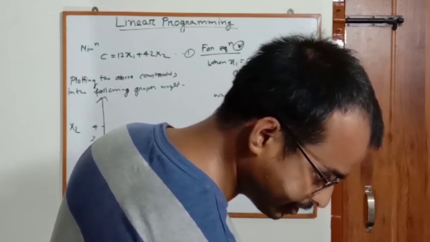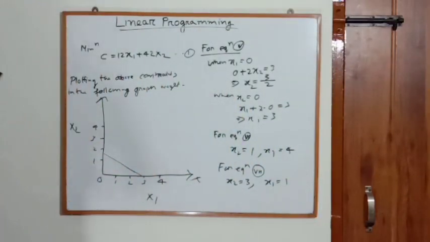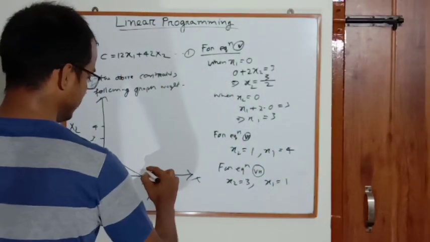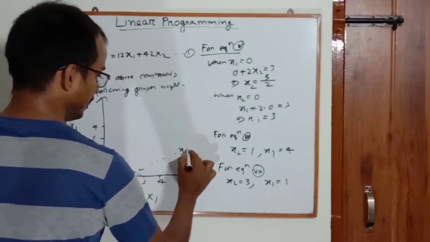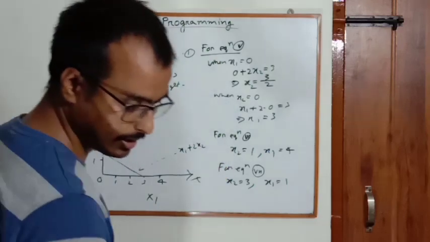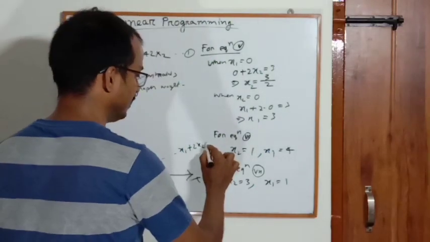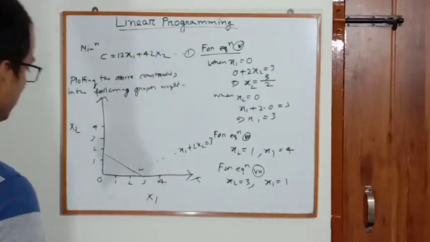This one is x1 plus 2x2 equal to 3, no? Yeah, it's equal to 3 because we have equalities. So this constraint.